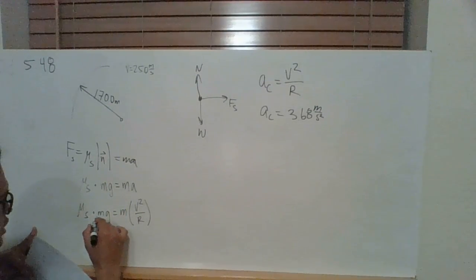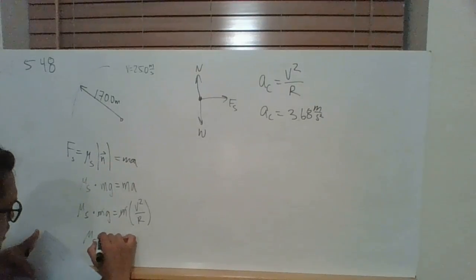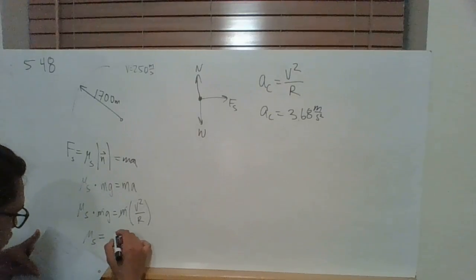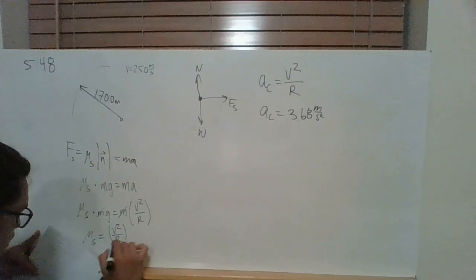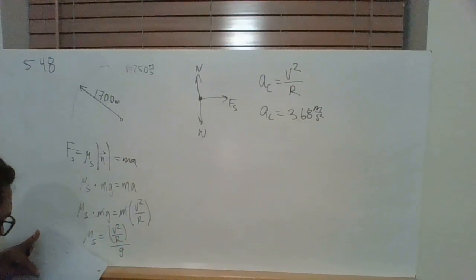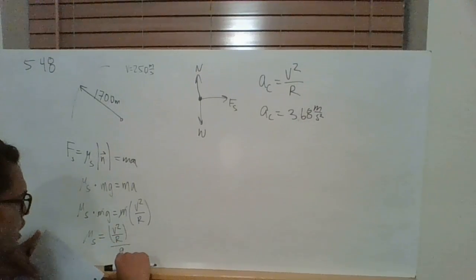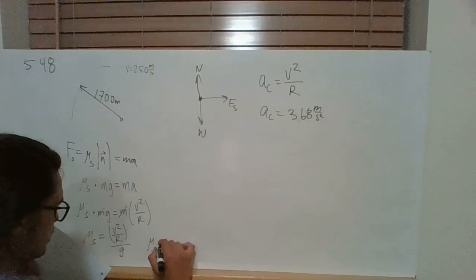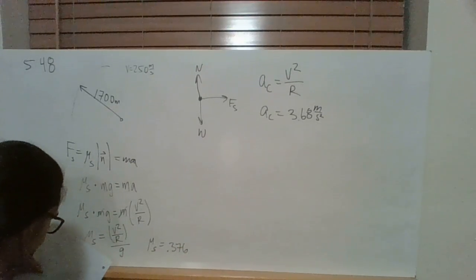When you divide it across, your masses cancel out, so you get that the coefficient of static friction equals v squared over r divided by gravity. So you just take this acceleration that you got before, plug it in there, and divide it by gravity, and your static coefficient is 0.376.